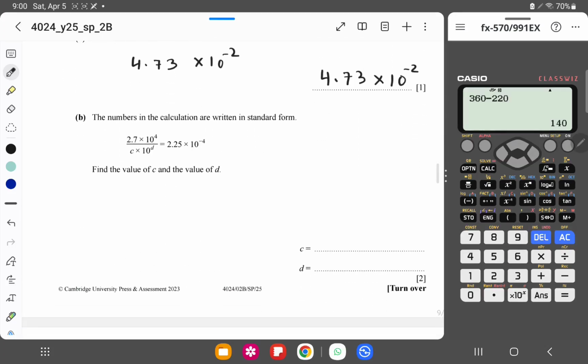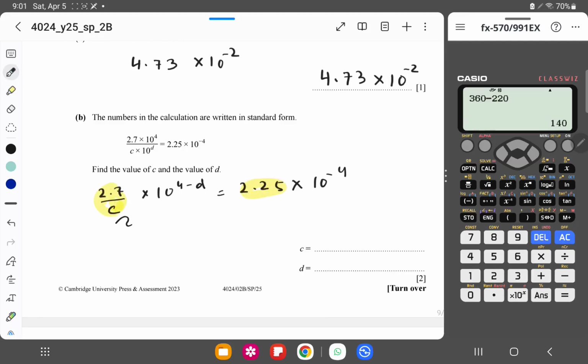Part B, the numbers in the calculations are written in standard form. 2.7 into 10 to the power minus 4 upon C, multiplied by 10 to the power D, is equal to 2.25 into 10 to the power minus 4. We just compare the left hand side and the right hand side. So 2.7 upon C multiplied by 10 to the power 4 minus D is 2.25 into 10 to the power minus 4. Alright, so we compare, this will be equal to this one.